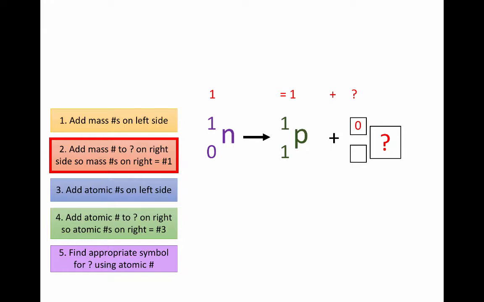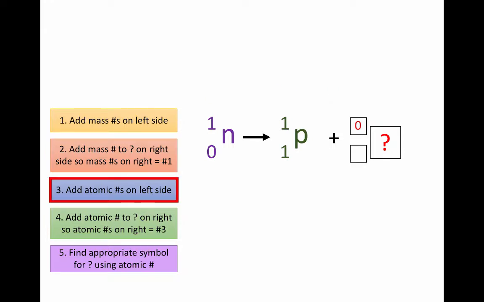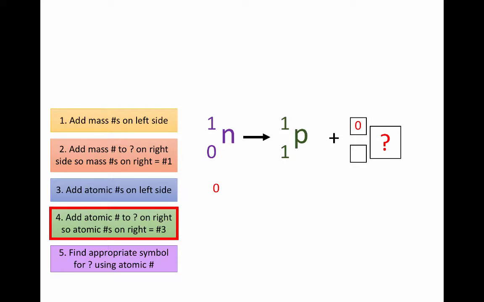Now let's figure out its atomic number. On the left side, our atomic number adds up to 0. And we have to find something such that 1 plus that thing equals 0. What is that? That's minus 1. 1 minus 1 equals 0.